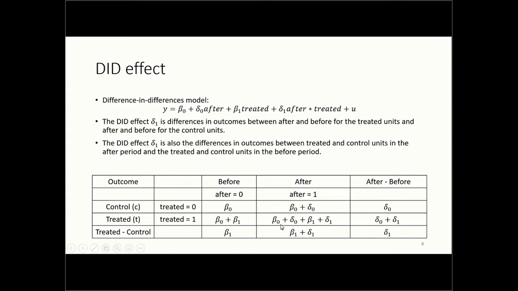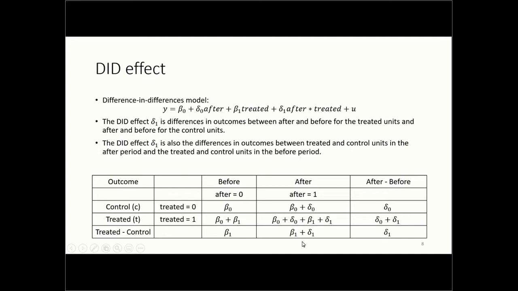And then for after being 1 and treated being 1, we would be collecting all of the coefficients here. And now again, how we take that difference is here we take the after minus before, after minus before. And so then we could take the treated minus the control, and that's that value.